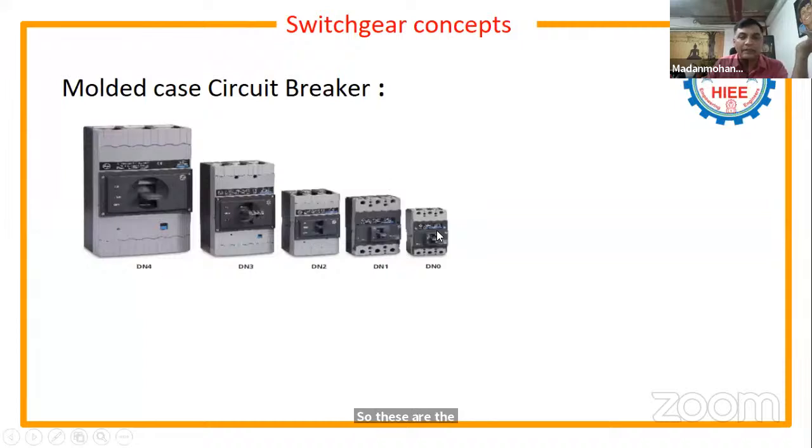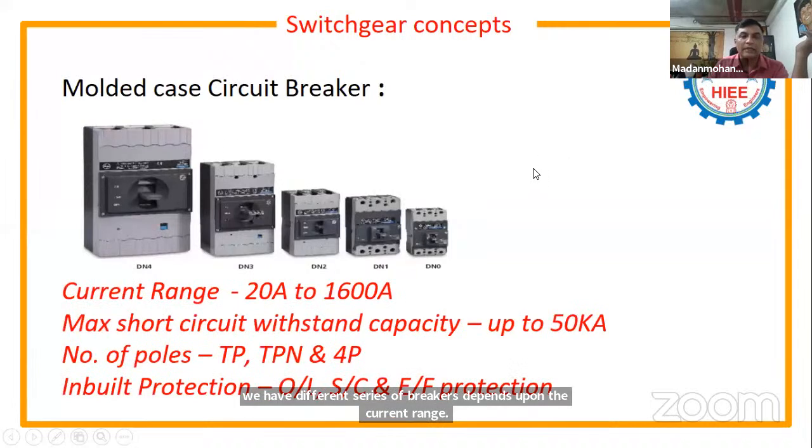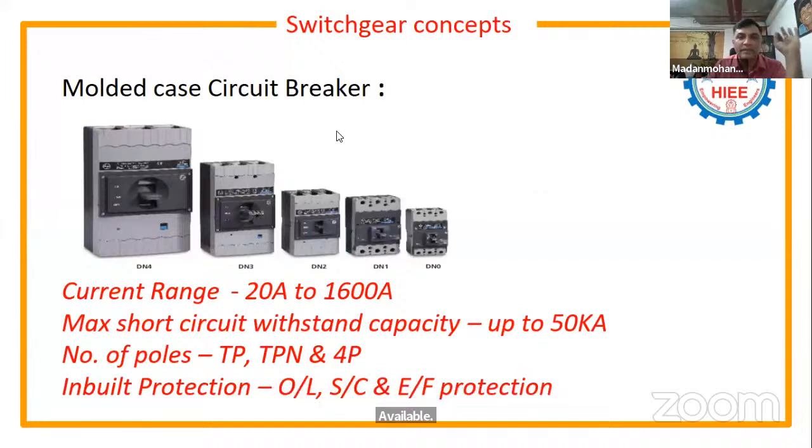So these are the various series. This is an L&T circuit breaker. We have different series of breakers, depending upon the current range available. MCCB stands for molded case circuit breaker. Molded case circuit breakers are available from 20 amps to 1600 amps. It starts with 20 amps, 32, 40, 50, 63, 80, 100, 125, 150, 200, 250, 300, 350, 400, 500, 630, 800, 1000, 1250, and 1600.